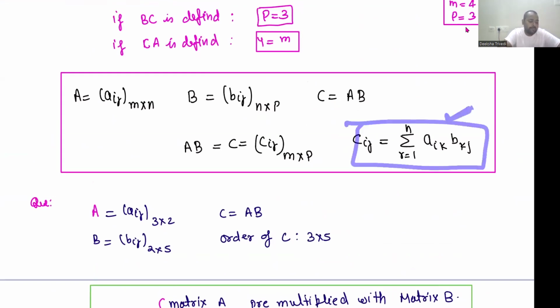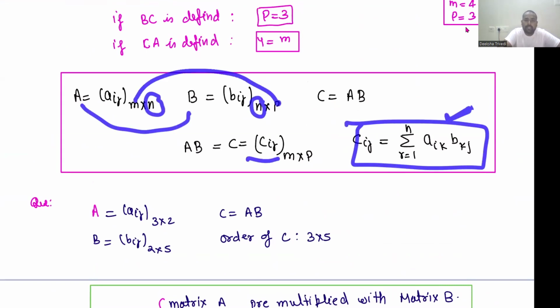So when A and B multiply, if the number of columns in A is the same as the number of rows in B, after multiplication what order do we have? M cross n. And in the multiplication, what is the element Cij we are writing? That is the sum from k equal to 1 to n of Aik into Bkj.